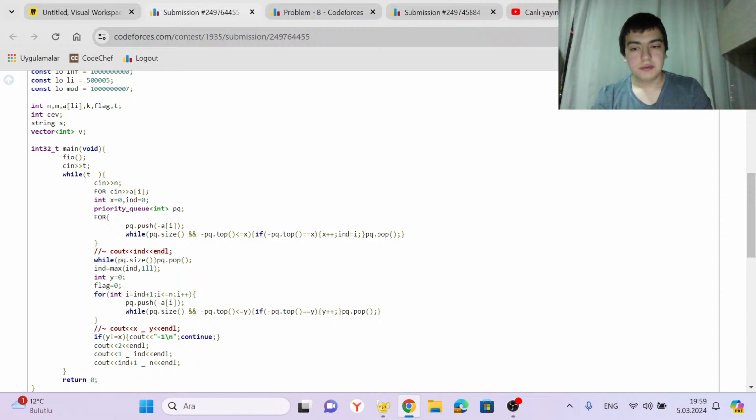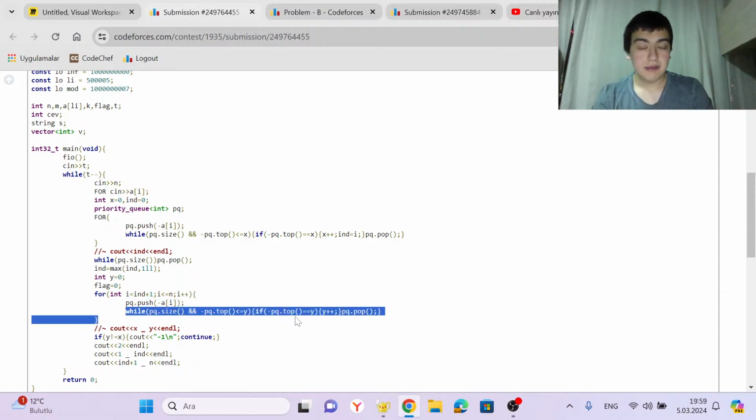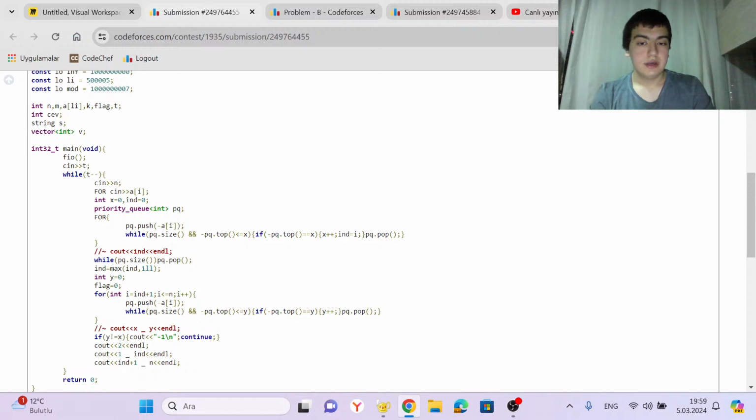So I am also pushing into the priority queue, and I'm using the same method to find the max. I'm taking from the priority queue, and if it equals y, I am increasing y. So in the end, if y is not equal to x, this means the max of the left part is not equal to the max of the right part.